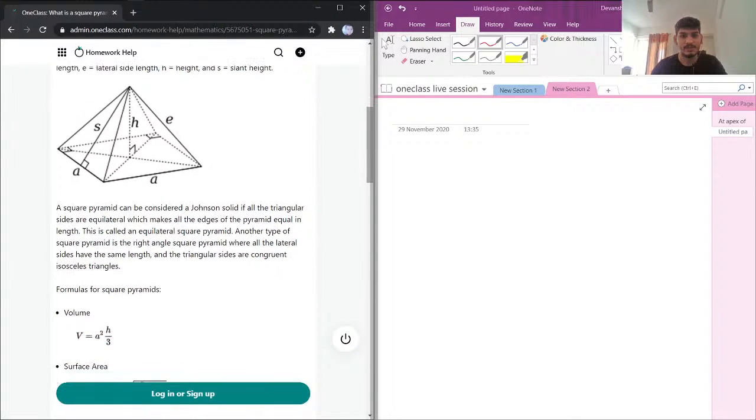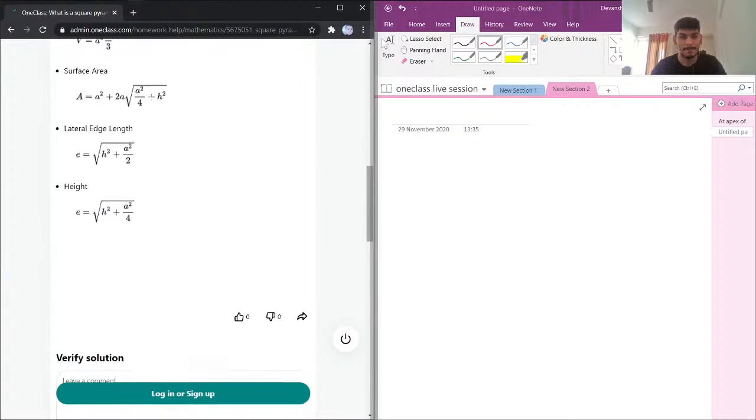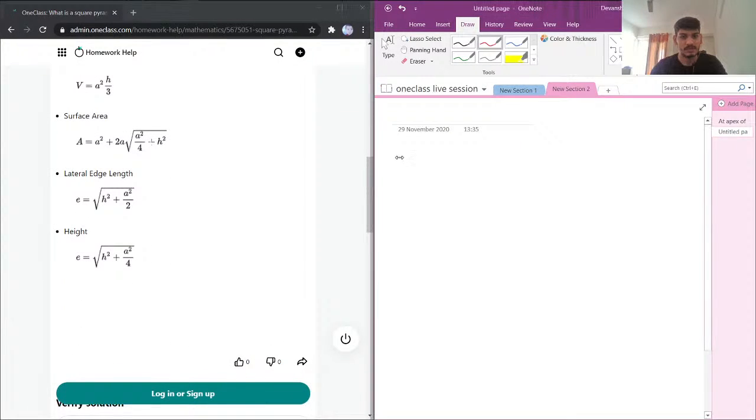For an equilateral square pyramid, E will be equal to a. So here we have E equals the square root of h square plus a square over 2, and for height, the perpendicular distance from apex to the base will be equal to h square plus a square over 4.